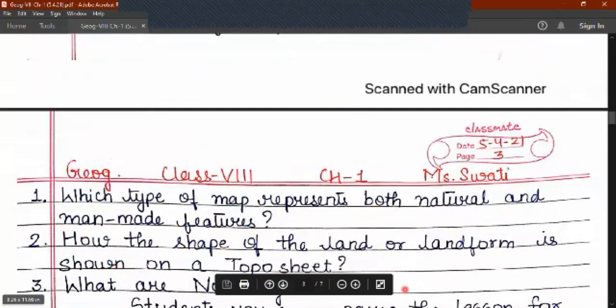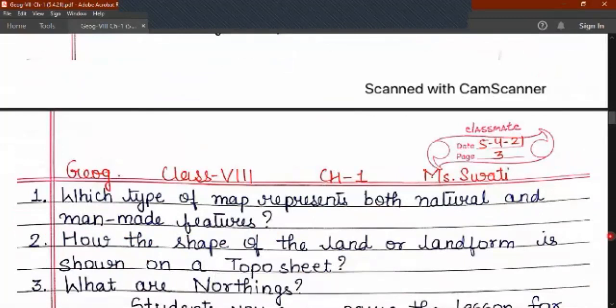Question number 2. How the shape of the land or landform is shown on a topo sheet? Question number 3. What are northings? Students, you may now pause the lesson for 3 minutes to write down your answers.